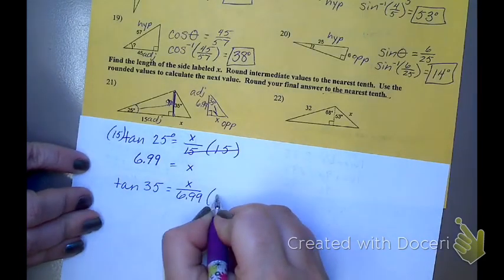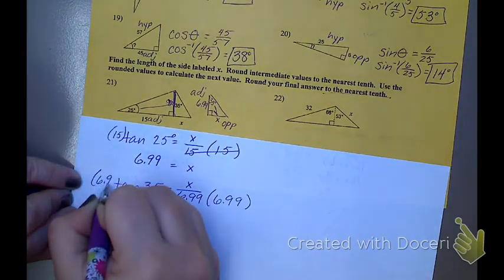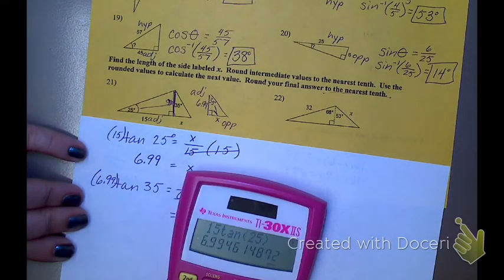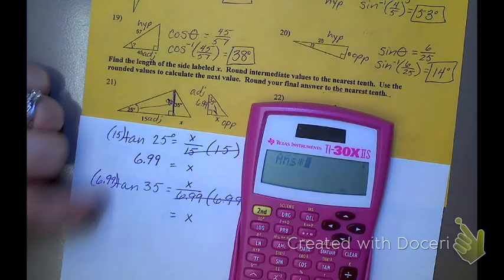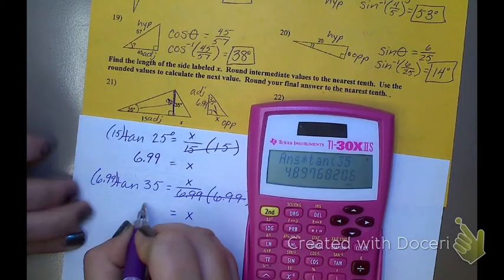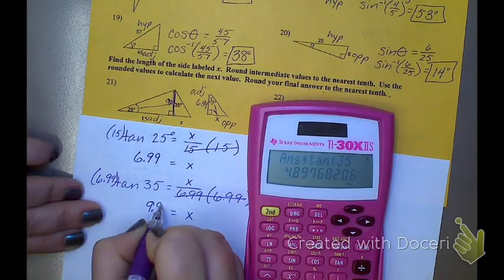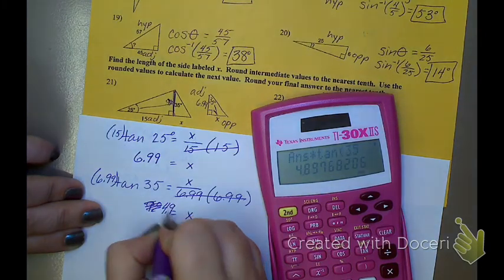To get x by itself, I'm going to multiply by 6.99. Now, if I didn't clear my calculator, that makes life good. Do you see how it already has that 6.99? All I have to do is press times tangent 35, and I've got my answer, which is 4.89. Now I'm going to round it off to 4.9 as my answer there.